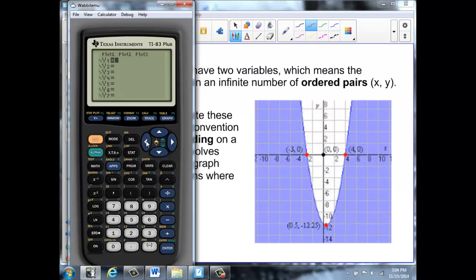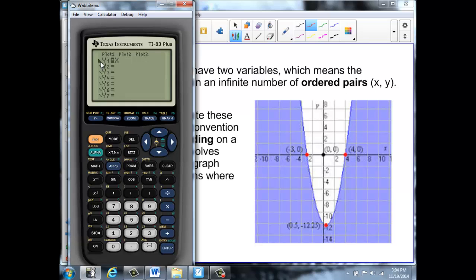Then go zoom 6 and just get a standard straight line graph. If you go back to y equals and go backwards this way, you can change it so that the line becomes a thick line. And if you keep going further, you might get to one that looks like this, where there's a triangle there. If you graph that, what this does is it finds all of the points that are below that line. Do you see how this thing back here is no longer a straight line, it's a triangle?